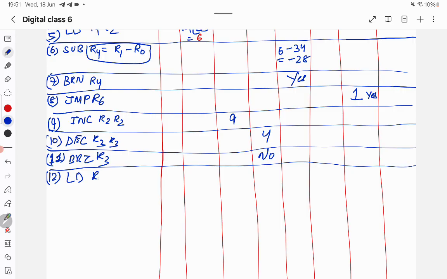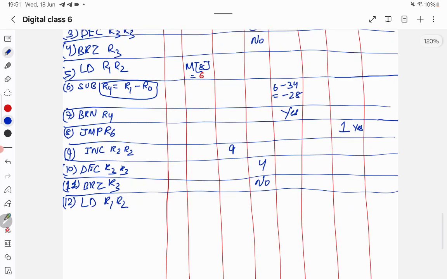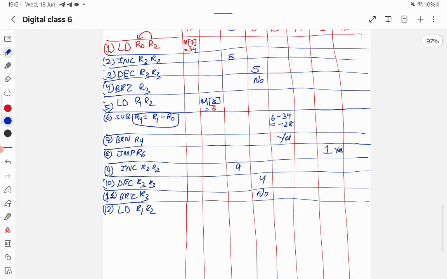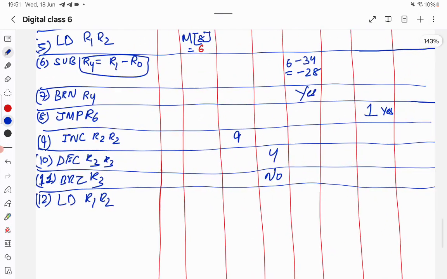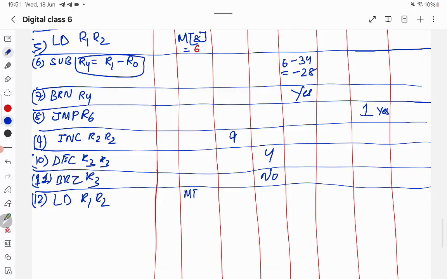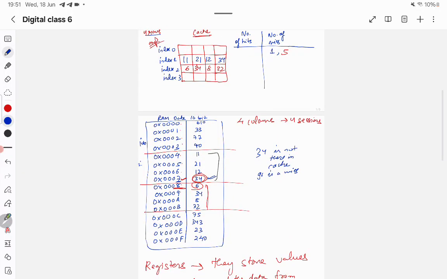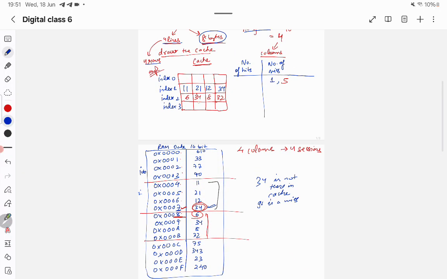load R1, R2. So load the value of R2 in R1. What is the value of R2 here? 9. We have updated. So at R1, M of 9 equals, let's see what is M of 9. At 9, 34, we had already copied this section in the cache.